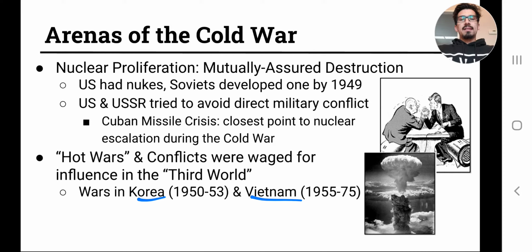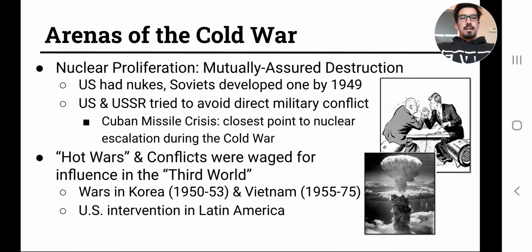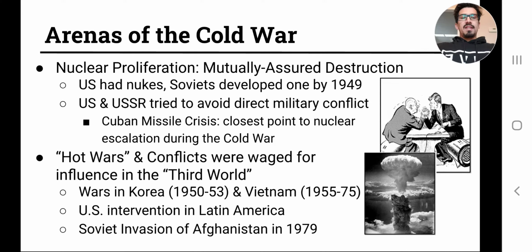And in both cases, the U.S. really didn't win anything. In Korea, everything remained a stalemate and just stayed as it was at the end of World War II. While in Vietnam, it was a pretty big failure overall, and Vietnam did ultimately fall and become a communist state. The U.S. also intervened in Latin America.